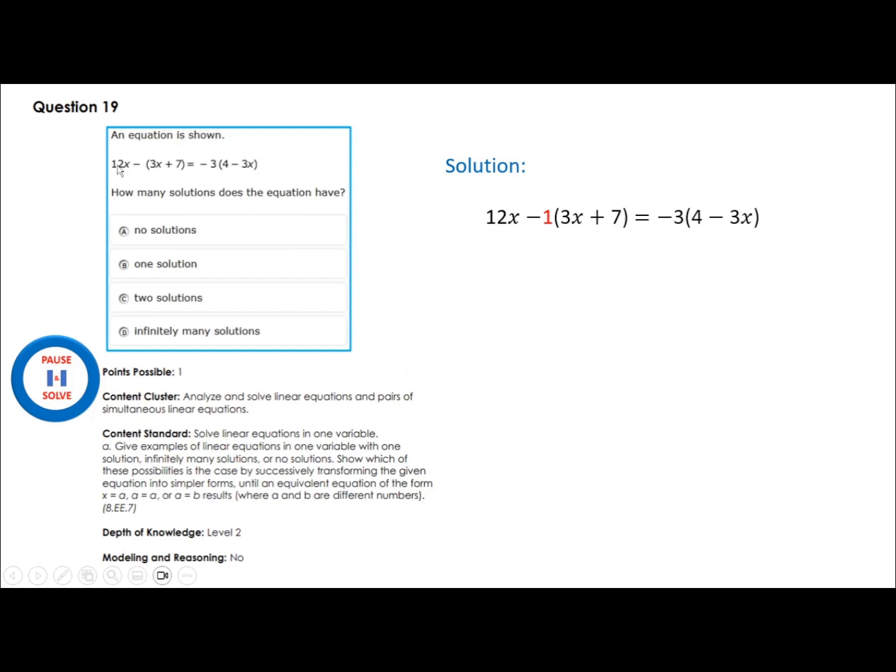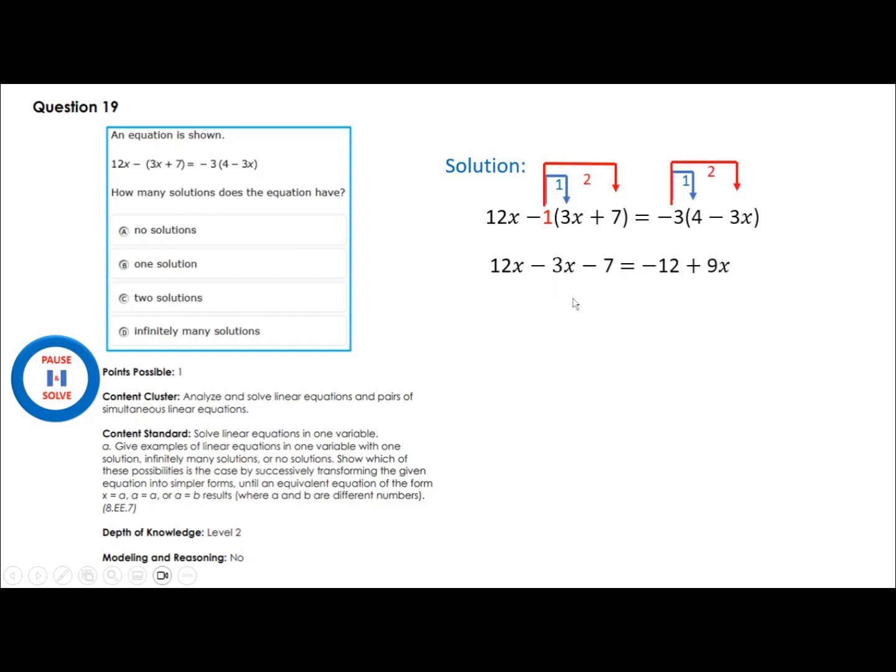An equation is shown. How many solutions does the equation have? Okay, don't try to guess. Let's see. When there is no number before the parentheses, you put a 1. Now we are going to use the distributive property, okay? Distributive property.